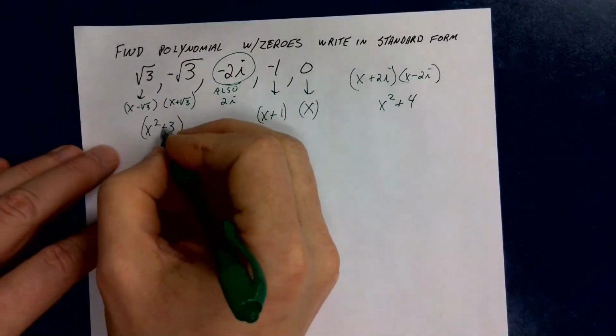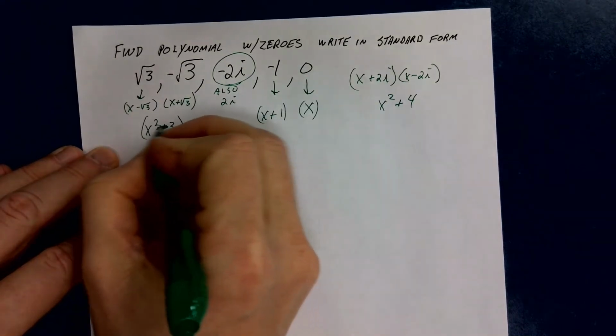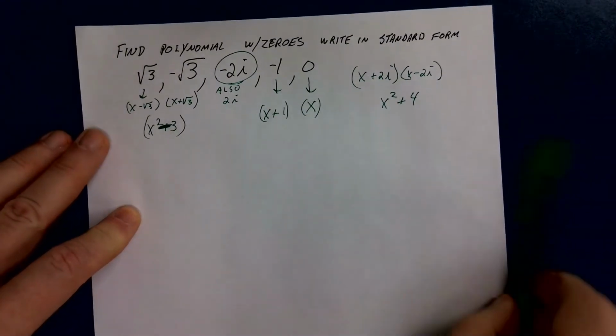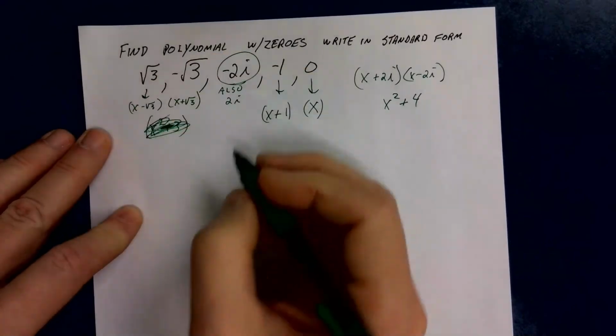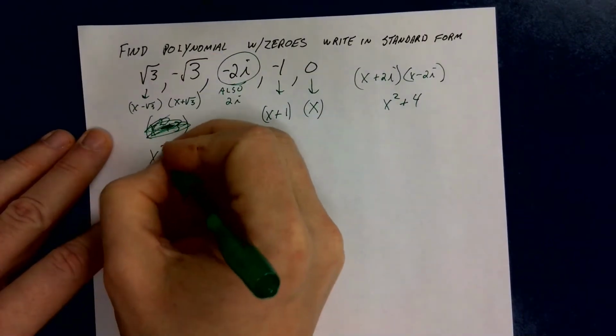Hold up, sorry. I apologize. That's a minus. If it was a plus, that would give you imaginary solutions, and those are actually real. They're just irrational. Let me rewrite these again.